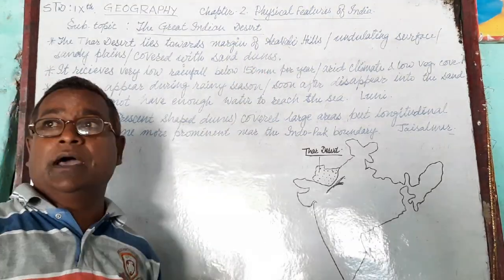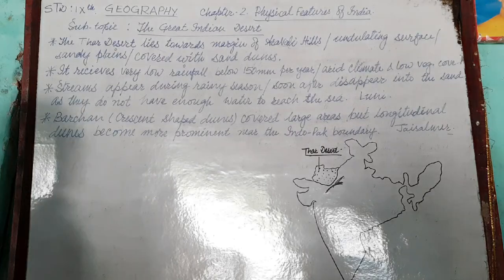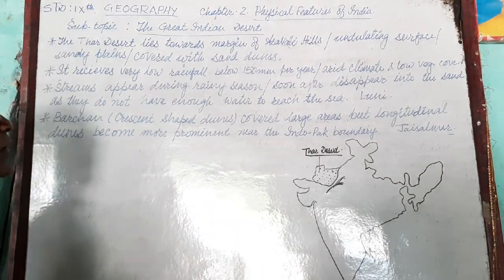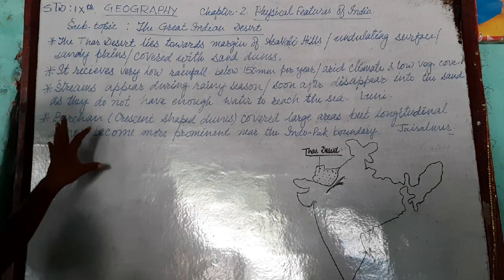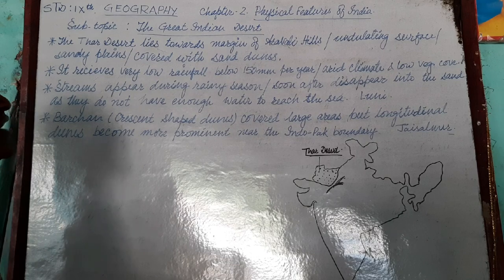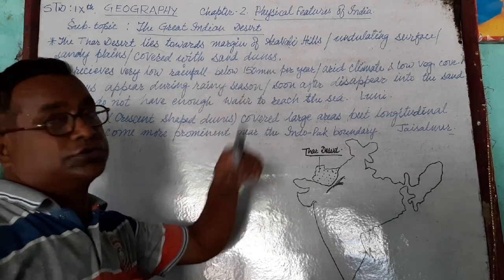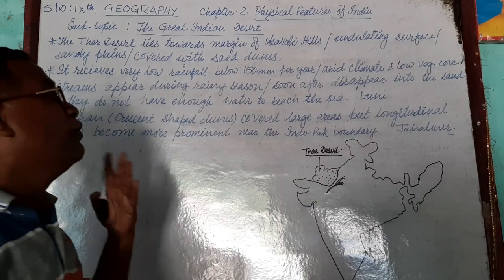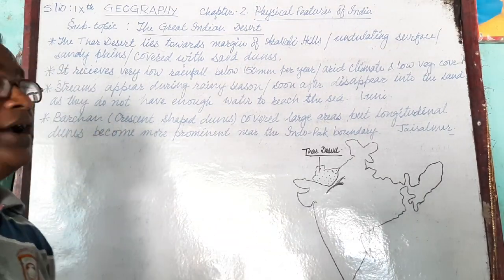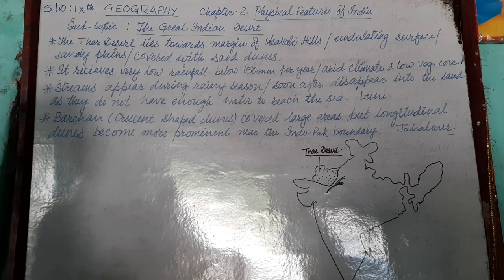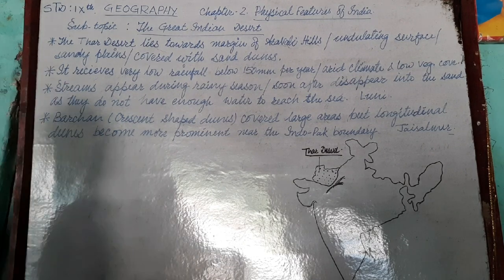Sand dunes are also called Barkhan. In this desert a lot of sand dunes are found, very commonly in the western parts of the desert. So these are the main features of the desert.